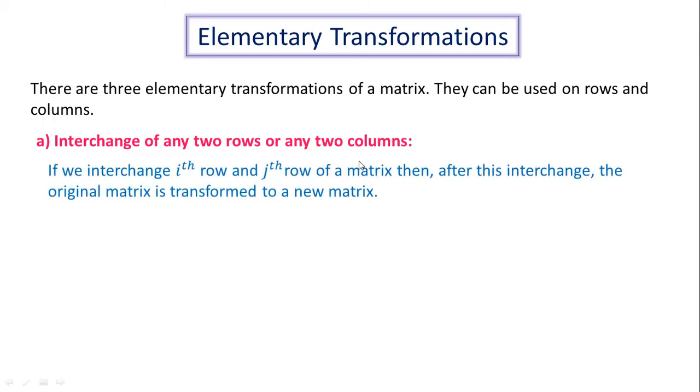If we interchange the ith row and jth row of a matrix, then after this interchange, the original matrix is transformed to a new matrix.